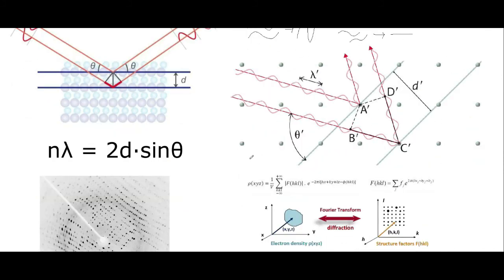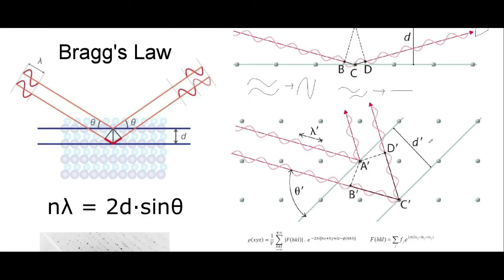And down here, if we're talking about different planes, then we're going to have reflections off of these planes at different angles. There's going to be a different amount of difference between them in this triangle area right here that will allow them to have the same phase once they reach this point right here where they have both become outgoing beams.